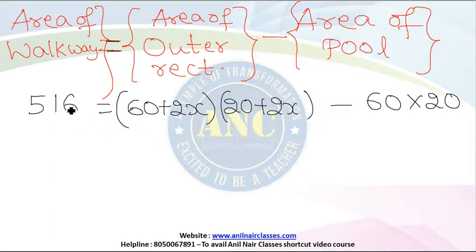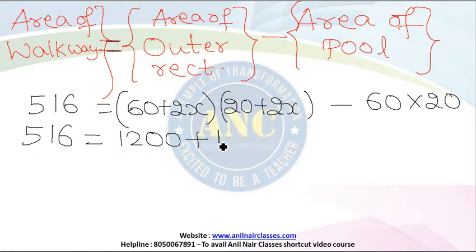If you observe this equation, the only unknown variable is x. You should simplify to get the final value. 516 is equal to 60 into 20, which is 1200, 60 into 2x is 120x, 2x into 20 is 40x. So it is 160x, plus 2x into 2x is 4x square, minus 60 into 20 which is 1200.